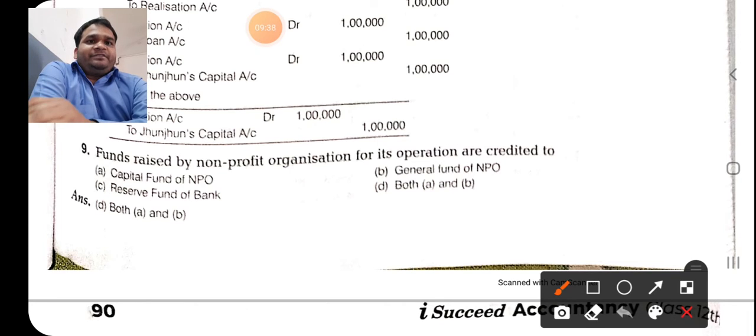Whenever the fund is raised, it could be the capital fund or the journal fund. So your answer can be capital fund as well as journal fund, so both A and B will come.